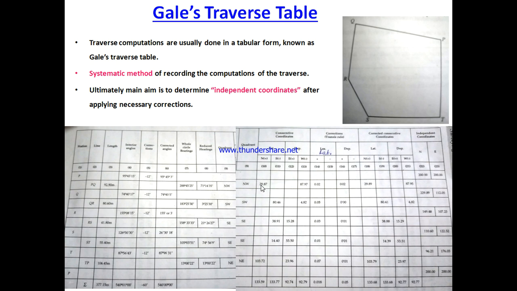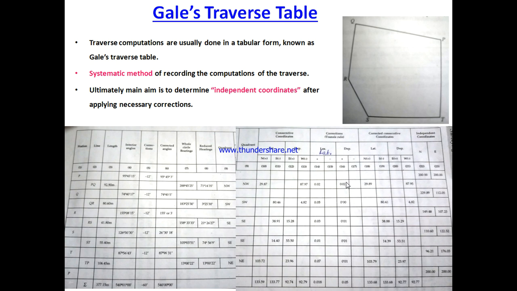So here 29.87 upon the sum of these two values, multiplied by closing error, which is calculated by under root of L square plus D square. In this manner you can calculate these values: 0.02, 0.05, 0.03, 0.01, 0.07.